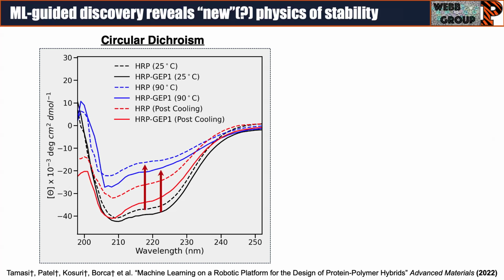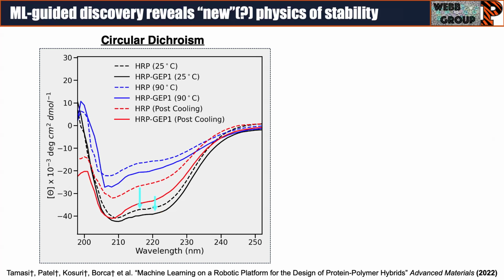Then the idea is that when you heat it up, everything moves in this direction. You get to the blue curves. And the interpretation of this data is that for this particular case, the enzyme's still unfolded. The dissipation of some of the features here indicates that the protein's still unfolded.